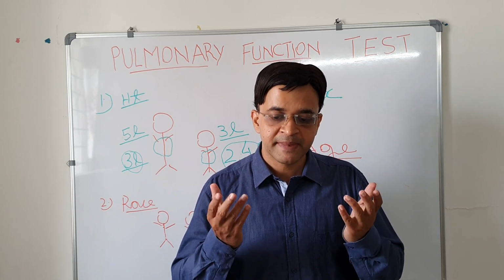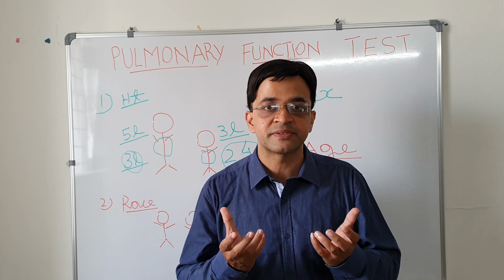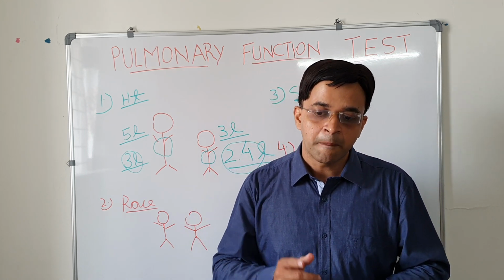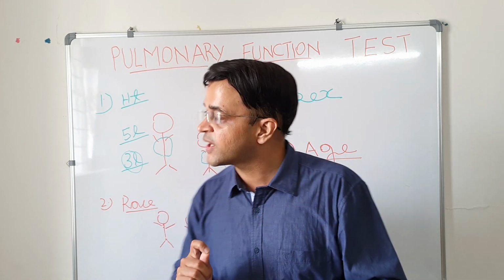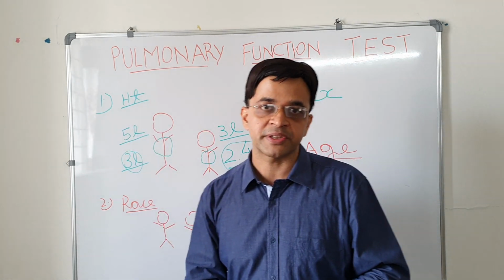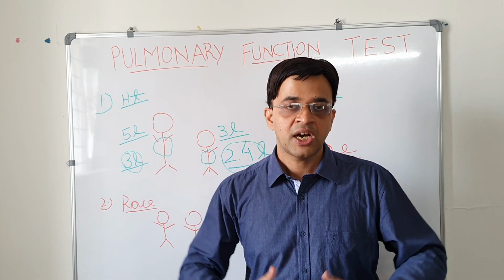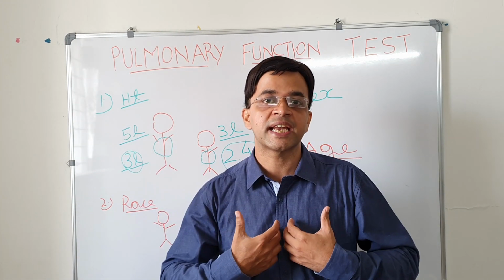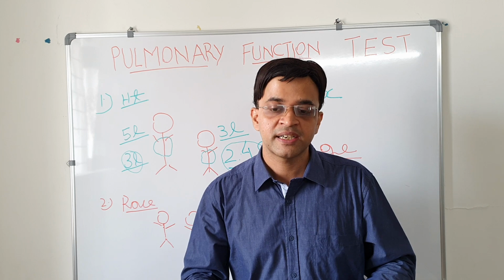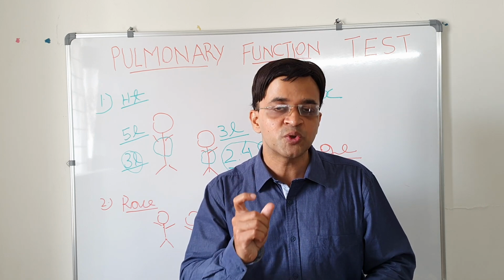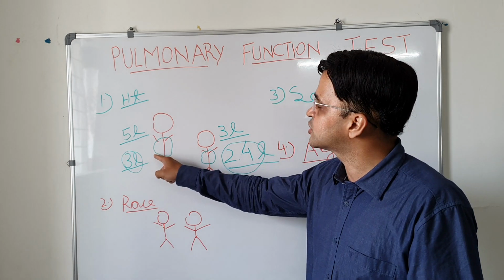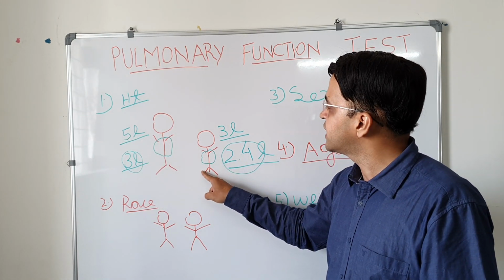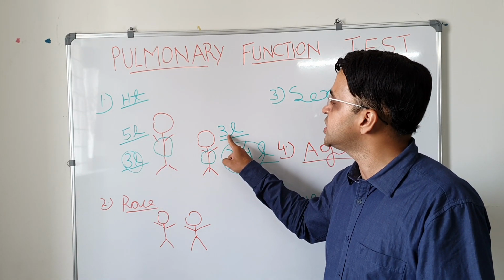Just for now, what are these factors which alter these pulmonary function tests? The most important factor is the height of a person. A tall guy, obviously, will have larger lungs, so he can exhale a lot more. Now, if we just take the absolute values, like this tall guy has a total lung capacity of around 5 liters, and this short guy has a total lung capacity of around 3 liters.